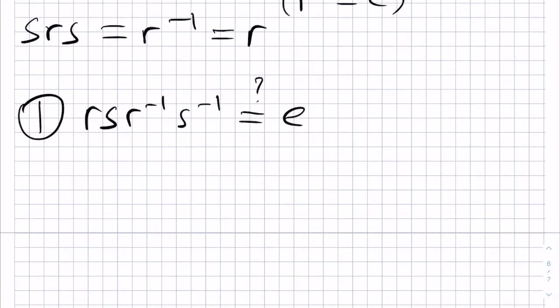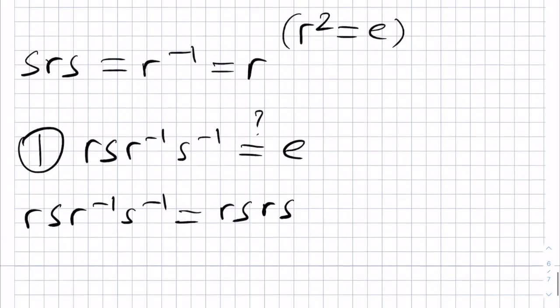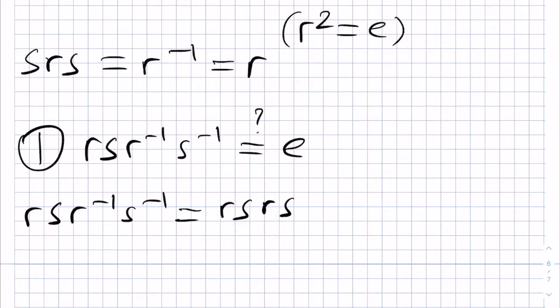Well, we can now, luckily that we've done this, compute the left-hand side. rs r inverse s inverse is rs rs, because r inverse is r, as we have here, and s inverse is always s in any dihedral group, because s squared is equal to e.